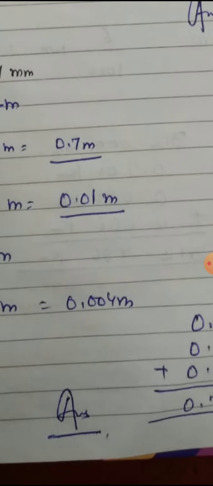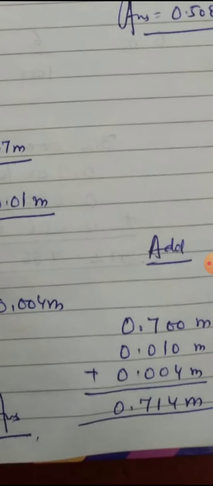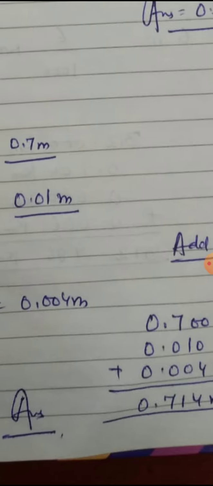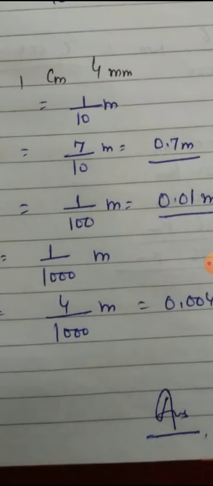Next number is 0.004 m. M means meter. Add these numbers, you will get 0.714 meter. Never say 714. When you are reading decimal places, nobody will say it in this way. Always say 0.714, single digit. Nobody will say 714. This is a wrong way.